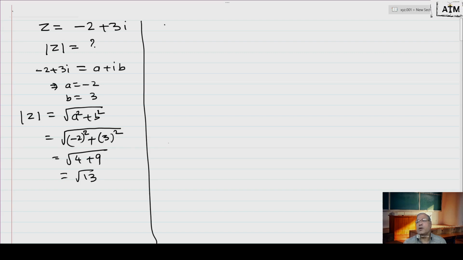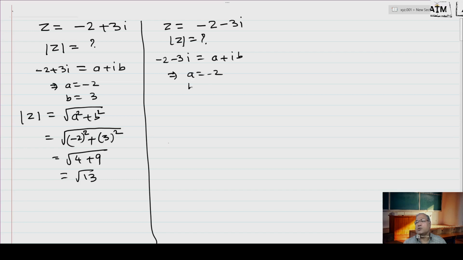In the next example, suppose both are negative, z equals minus 2 minus 3i. Find the modulus. As usual, minus 2 minus 3i equals a plus ib, which implies a equals minus 2 and b equals minus 3.